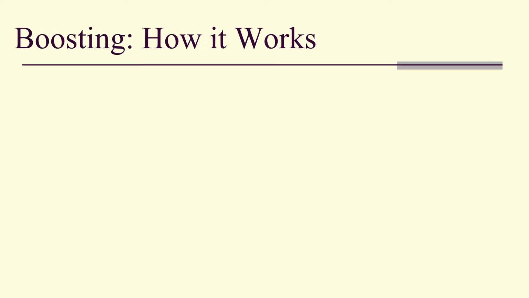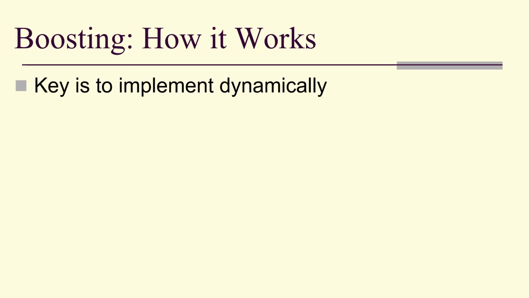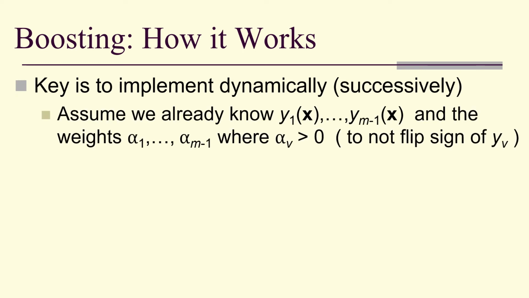So here's how it works. The key is we're going to implement this dynamically, which means successively. So assume we already know y sub 1 of x up to y sub m minus 1 of x, and that we know the weights alpha sub 1 up to alpha sub m minus 1, where alpha sub v is greater than 0, because we don't want to flip the sign of y sub v.